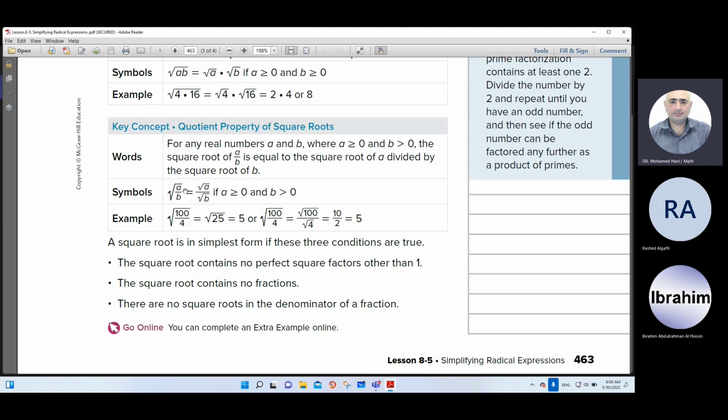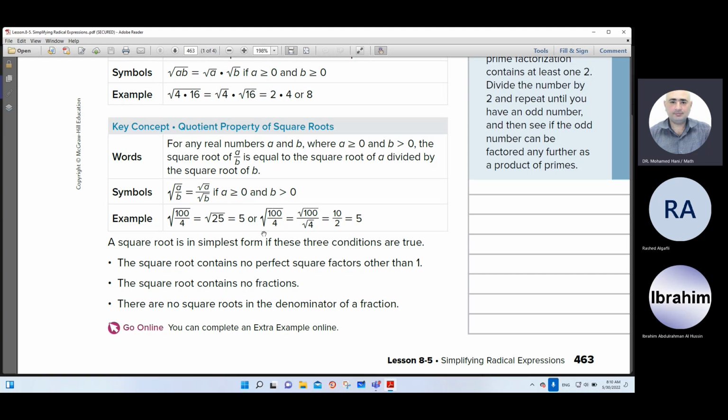If a is greater than or equal to 0 and b is greater than 0. For example, the square root of 100 over 4. You can divide here. 100 divided by 4 will be 25. And the square root of 25 will be 5.